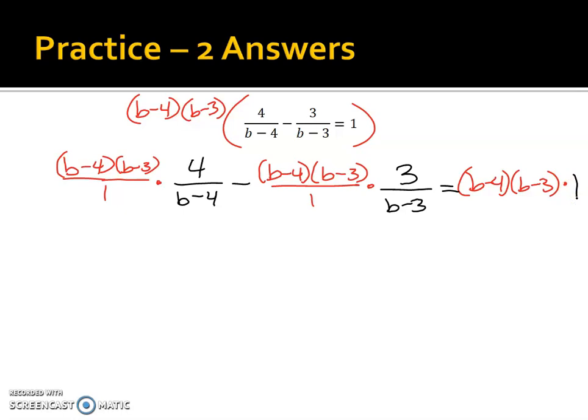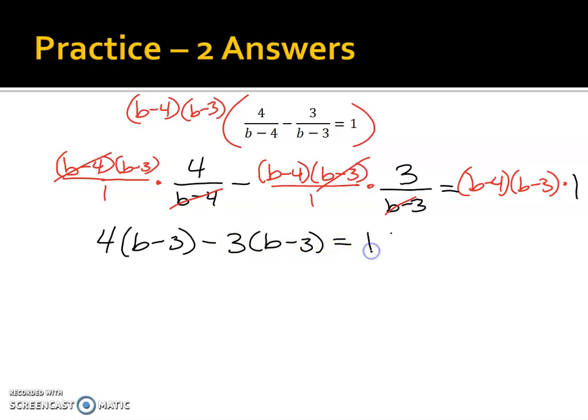Okay? So we look to cancel. The b minus 4's cancel. I'm left with 4 times b minus 3 minus, now my b minus 3's will cancel, so I've got a minus 3 times a b minus 4. And then that's going to equal a 1 times b minus 4 times b minus 3.